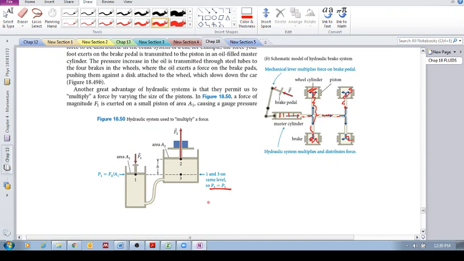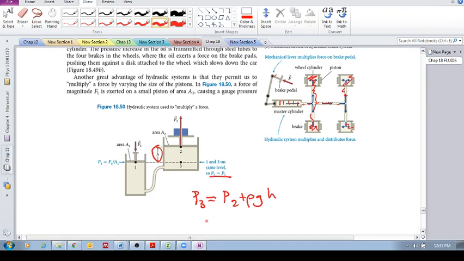And we know that pressure 3 equals pressure 2 plus rho g h. If we rearrange this, we can say pressure 2 is pressure 3 minus the density, gravity, and h.